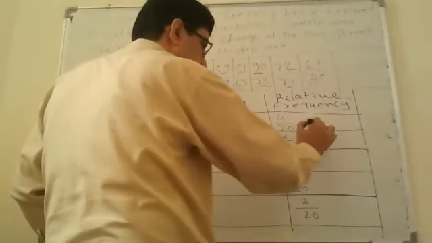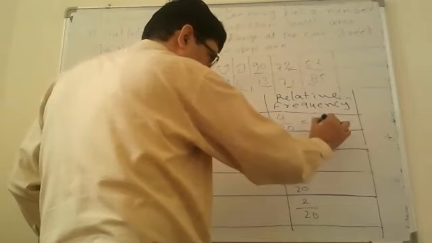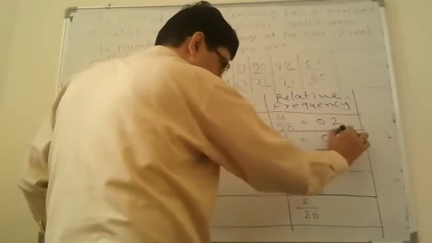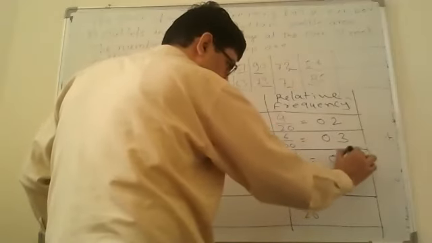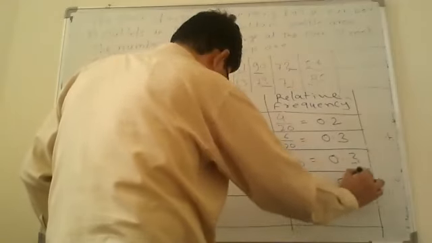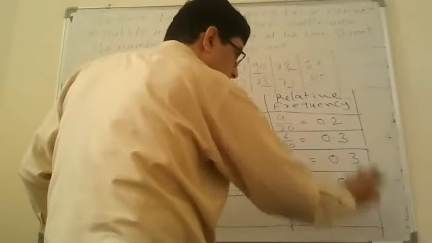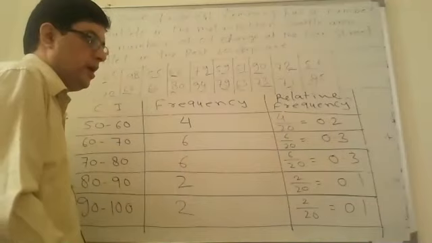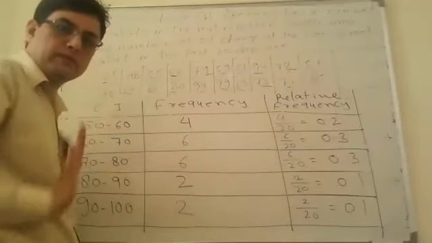So this is 0.2, this is 0.3, 0.3, 0.1 and 0.1. The total of the relative frequency should be 1. Here the total is 1.